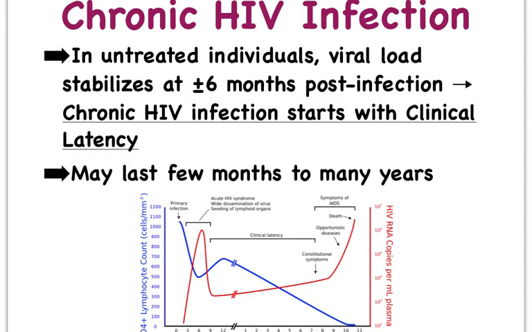Now, the 6 months is not perfectly depicted here, but literally we're going to go into a phase that is referred to as our latency or clinical latency phase, also part of what we call the chronic HIV infection. And this can go on for a very long time, as it says here, can go on for just a few months or many, many years. So here they're illustrating it in the form of many years before symptoms begin to really show clinical symptoms.